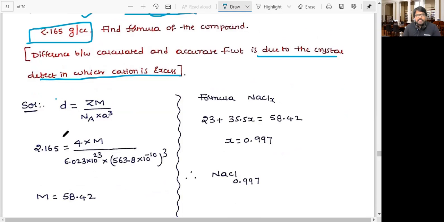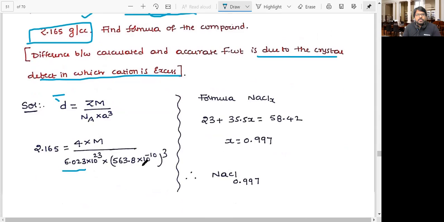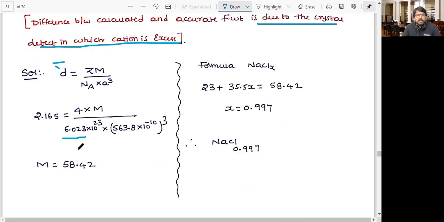So density is given. Of course, for an FCC unit cell, 100% there will be 4 ionic pairs. 4 ionic pairs means Z effective is 4. And the formula mass according to the given data I'm finding using Avogadro number, and the edge length is 563.8 picometers. So here, like this. And ultimately I got formula mass as 58.42.